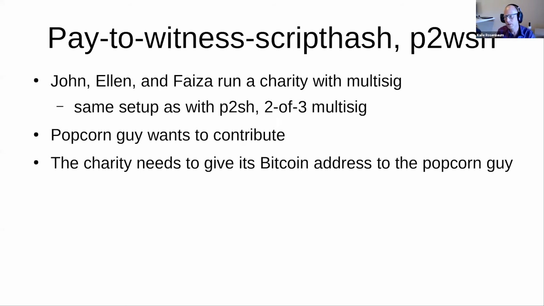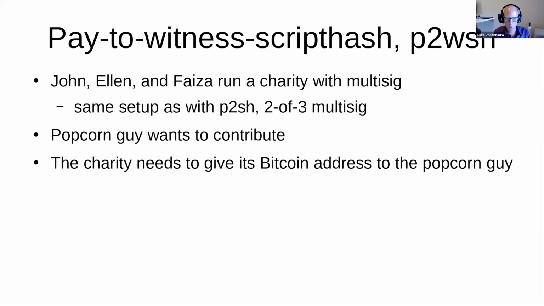We can do that in SegWit with something called pay to witness script hash. So pay to witness script hash is SegWit's version of pay to script hash. So suppose again that John, Ellen, and Faisa will run a charity, and they do it with multisig, the same setup as they used before with a 2 of 3 multisig script.